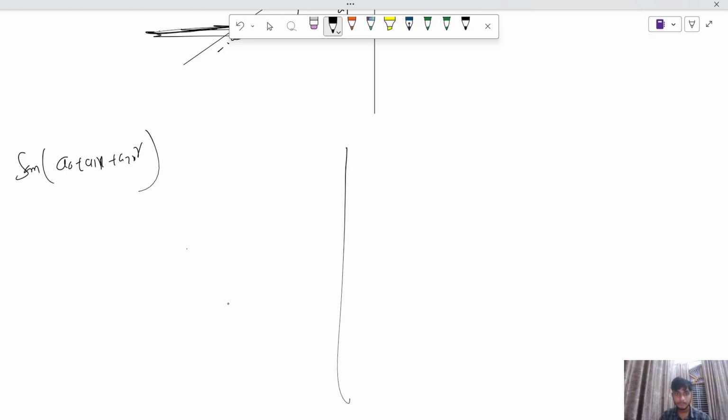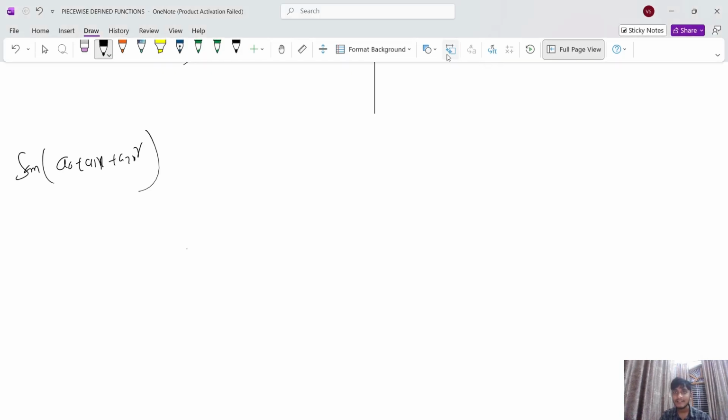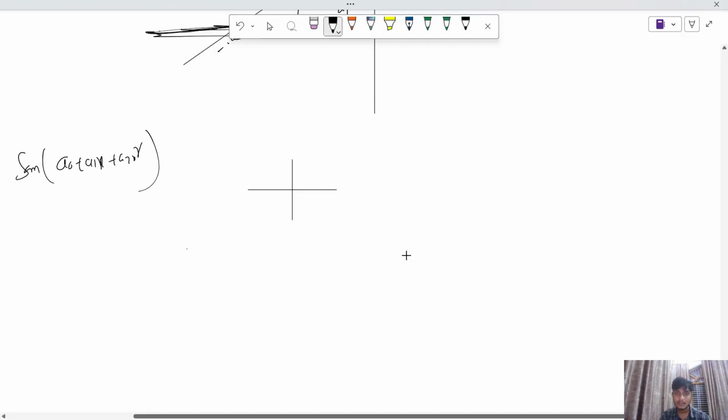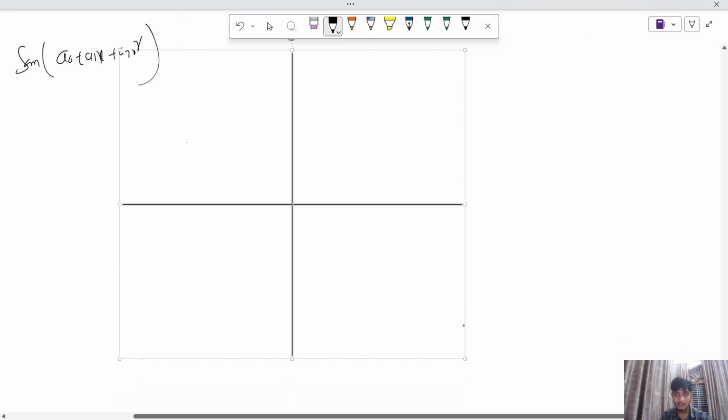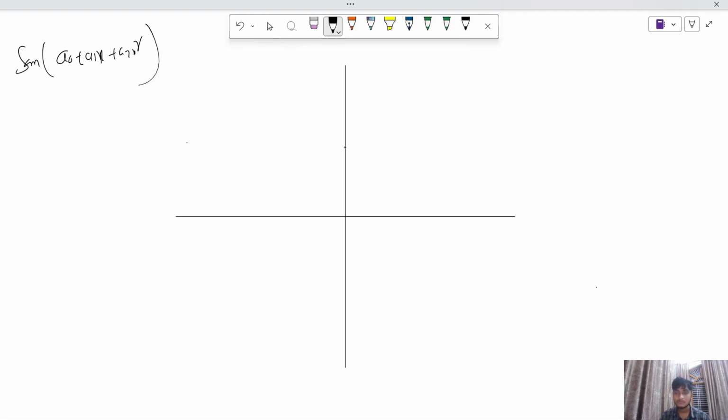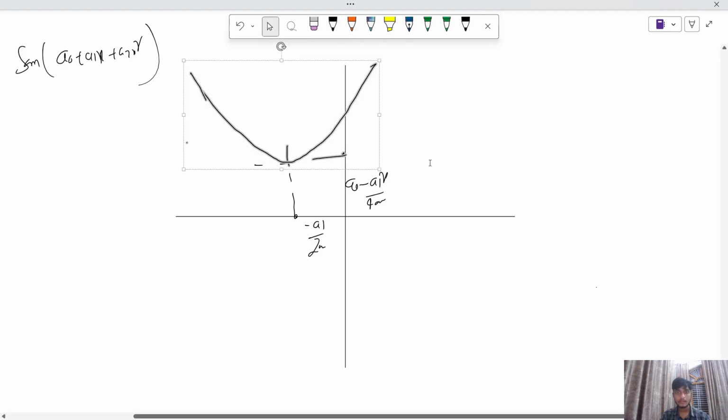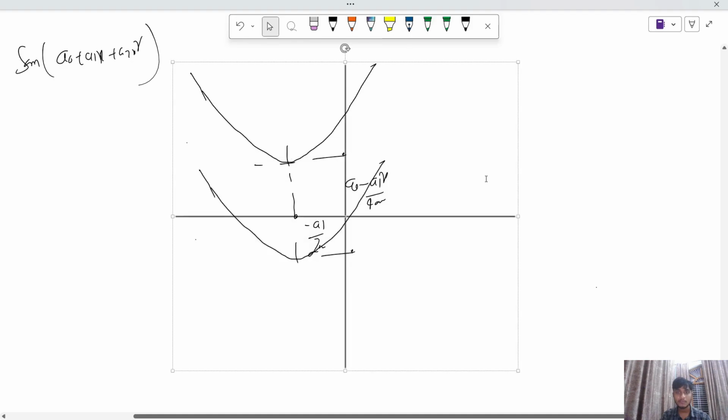Okay, I'll take plot. Let's call this minus a1 by 2a2, a naught minus a1 square by 4a2. Okay, what I'm doing, I think you all are getting.